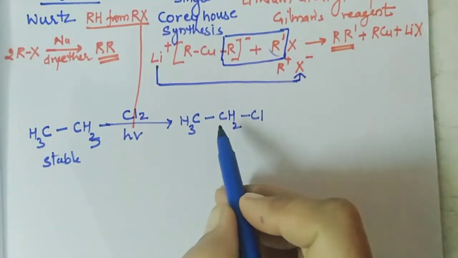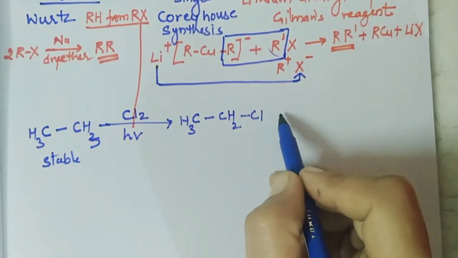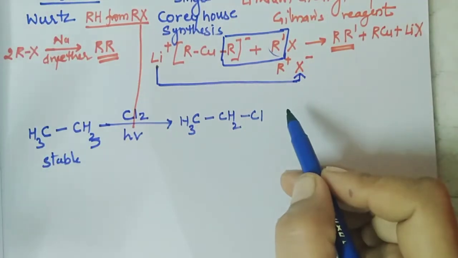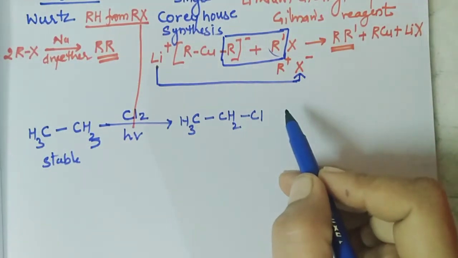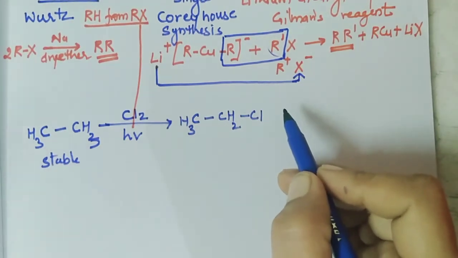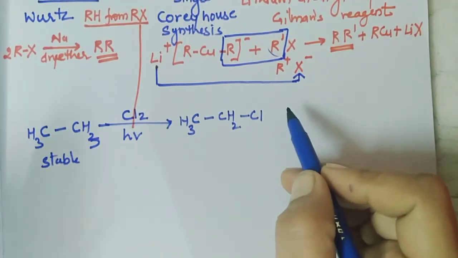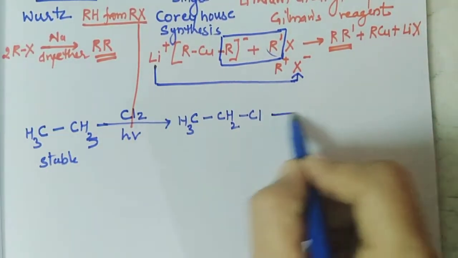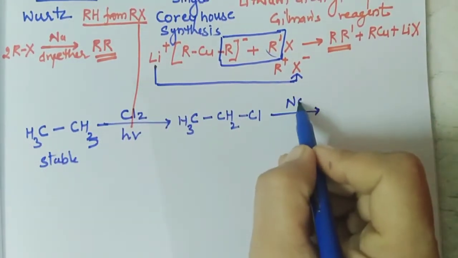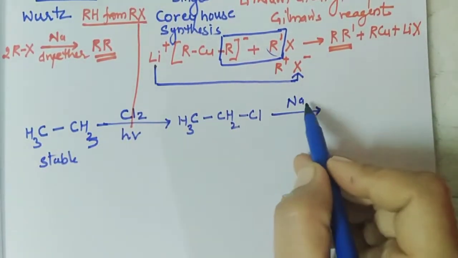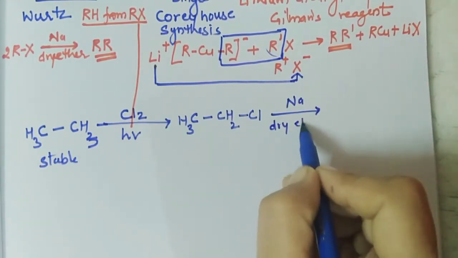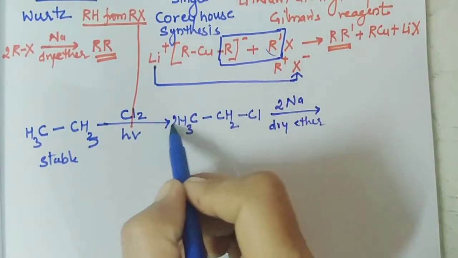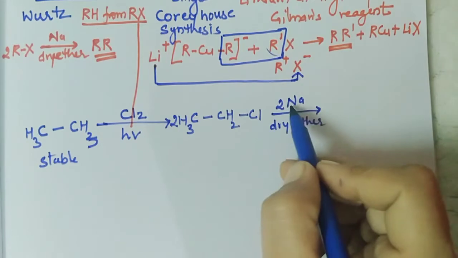Once we get the alkyl halide, then we decide what to do next. If we have to convert the 2-carbon parent chain into 4, just to double the carbon atoms, we will be using this Wood's reaction. Now here we are using this Wood's reaction. Now just the catalyst is changed. Here we are reacting this RX with sodium in presence of dry ether. What we have to take here is 2 molecules of this alkyl halide as well as this sodium.